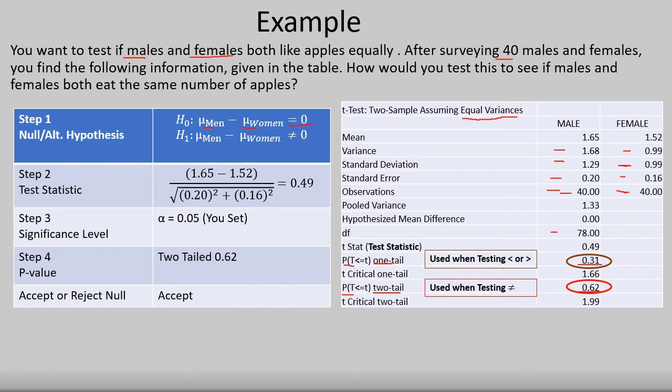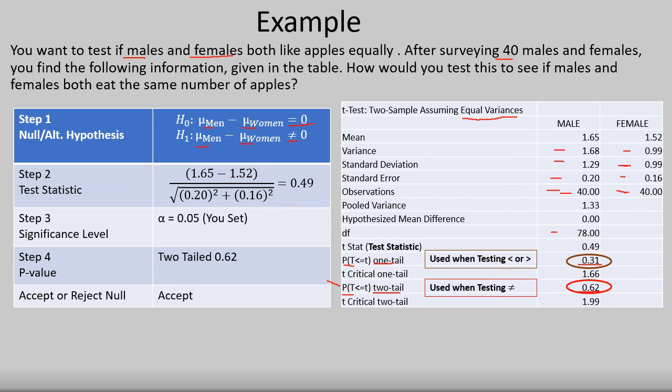Our alternative hypothesis is that no, they're not equal. Men may eat less or they may eat more apples than women. Notice we have a not equal sign. That means that we are going to be using the 2-tailed test, so we're using the p-value of 0.62.